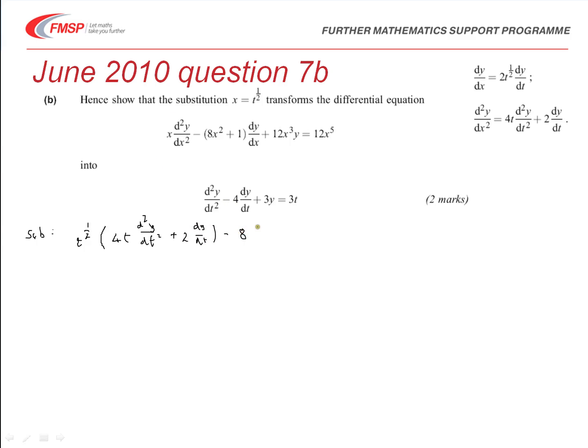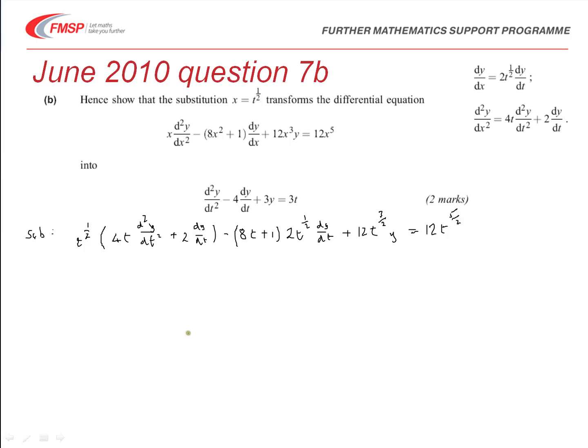Well, in place of the x squared we're going to put t to the half squared, so that becomes 8t plus 1 multiplied by dy by dx, which is the 2t to the half times dy by dt, and then we're going to have plus 12, and in place of x again it's t to the half, so it's t to the half cubed, so that gives us t to the 3 over 2 times y, and then that will equal 12, and again that's t to the half to the power of 5, so that's t to the 5 over 2.